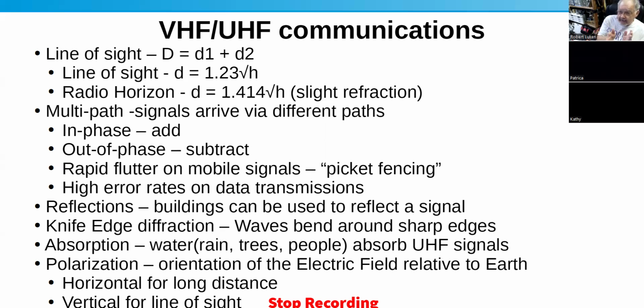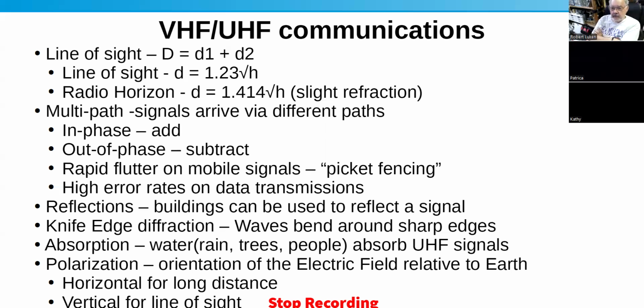So it could be the edge of a building, or they even claim the top of a mountain. I never considered those that sharp, but that's what it says in the textbooks. So those can actually bend radio waves just like they do light waves, because they're all electromagnetic waves.